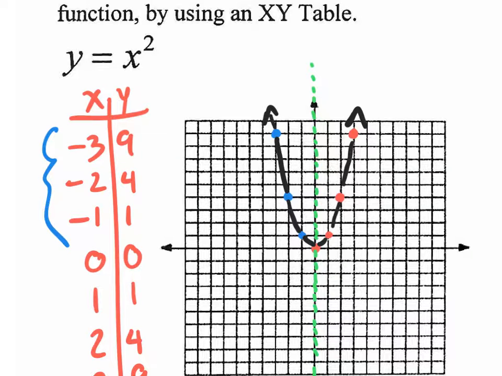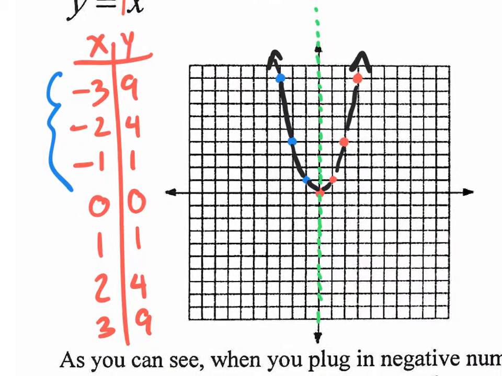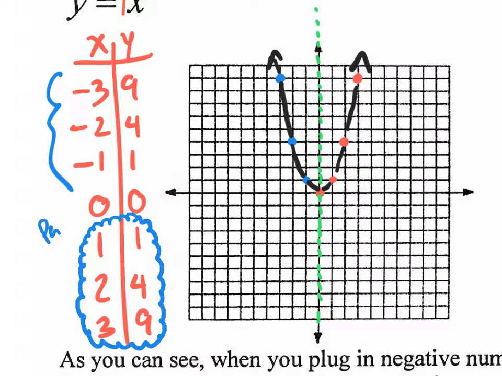Now here's an amazing shortcut that I'm about to show you, okay? If you know that your a value is 1, you're going to be able to apply this shortcut. If you go to the XY table of the parent graph, 1, 1, 2, 4, 3, 9, that is the pattern that we're going to be using.